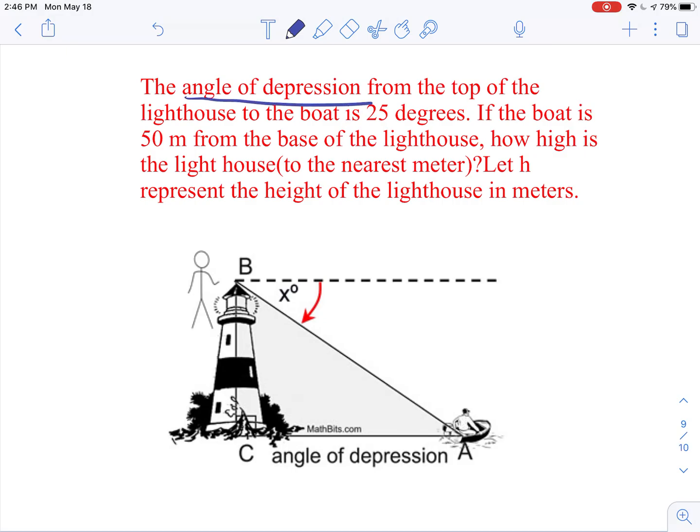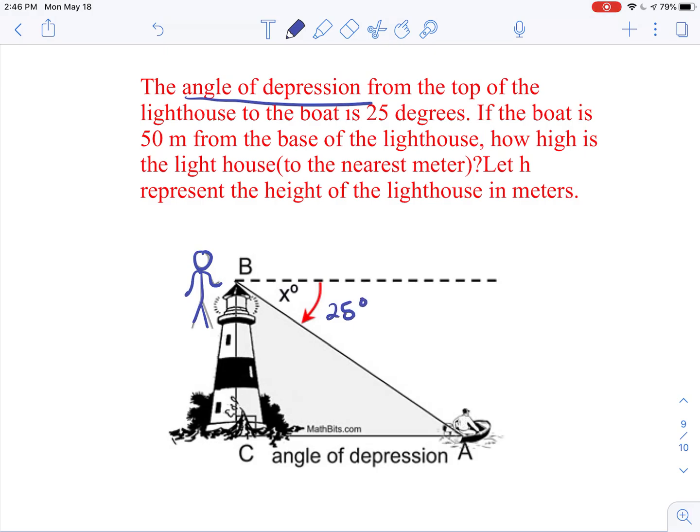Remember, angle of depression is looking down from a horizon. So imagine that you are here at the top of the lighthouse looking down at this boat, right? Our horizon is this distance across. And my angle of depression is this x degrees labeled right there. Okay, so that is 25 degrees.